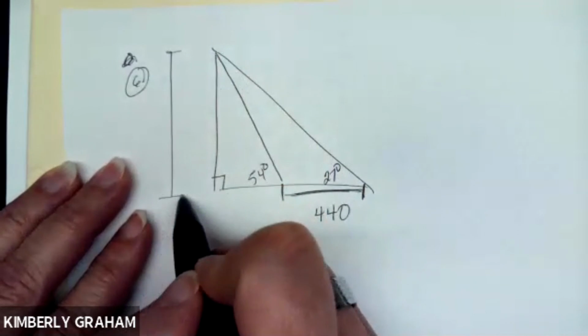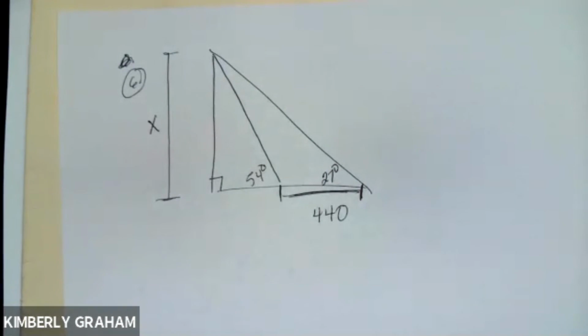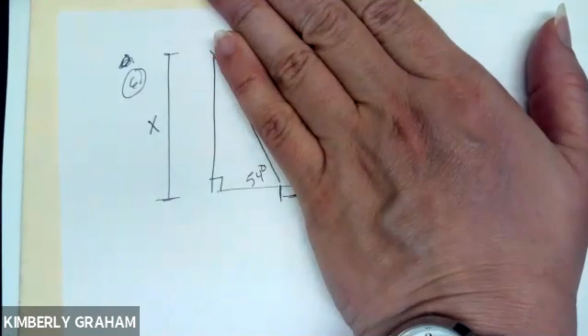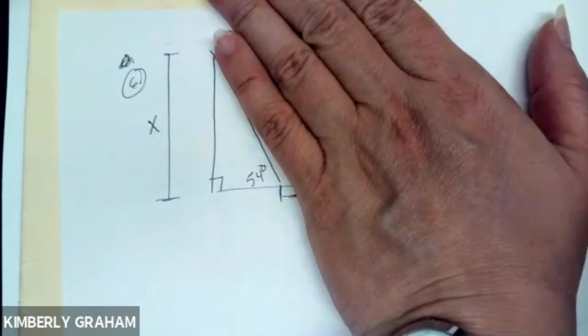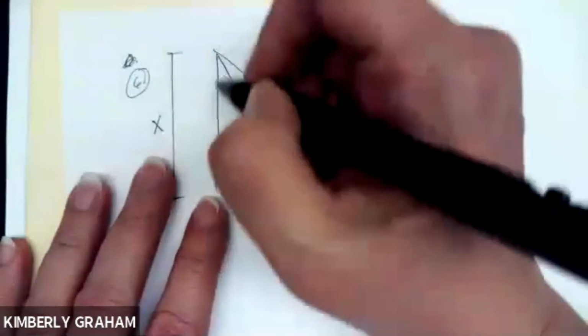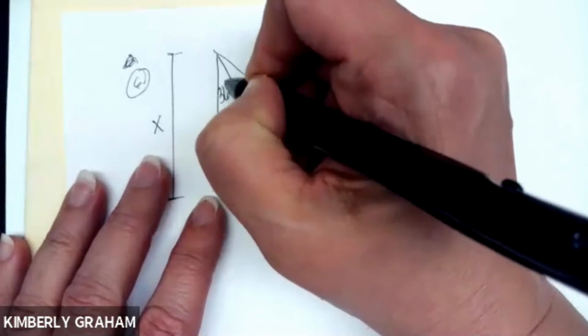And what I'm going to be asked to find is the height of this triangle here, X. I know that this right triangle here is going to have angles that add up to be 180, and these two acute angles are complementary. So that means this angle is 36 degrees.